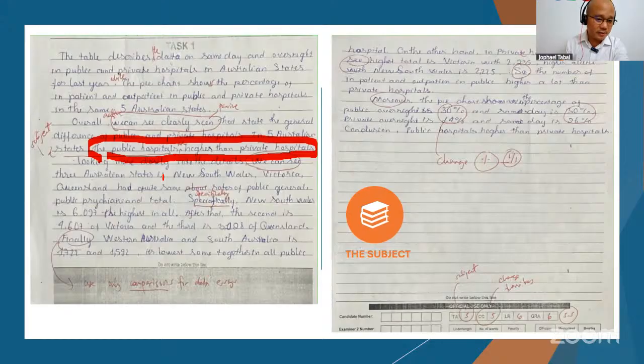The number of patients in public hospitals shows a much higher percentage than the number of patients in private hospitals. So that's what should be written in the overview to cover the understanding of the subject.